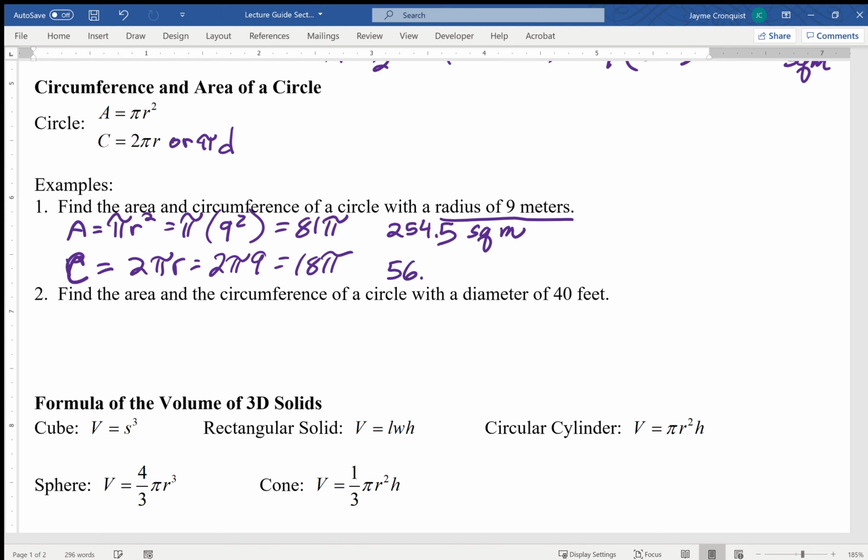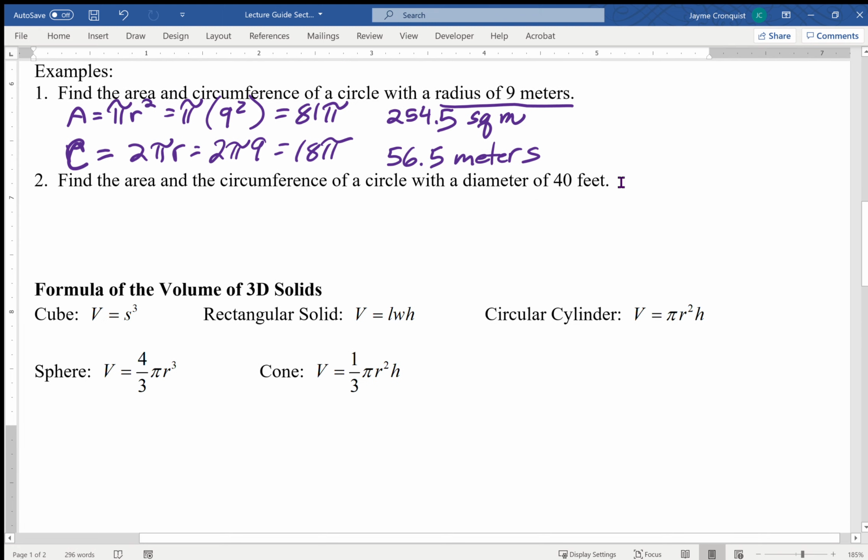But we're not that high, so we're just going to do a decimal and round it to one decimal place. 5, 4, so it's just 5. 56.5 meters. Again, this is a distance, so it's linear and not square. Okay, area has the square units.